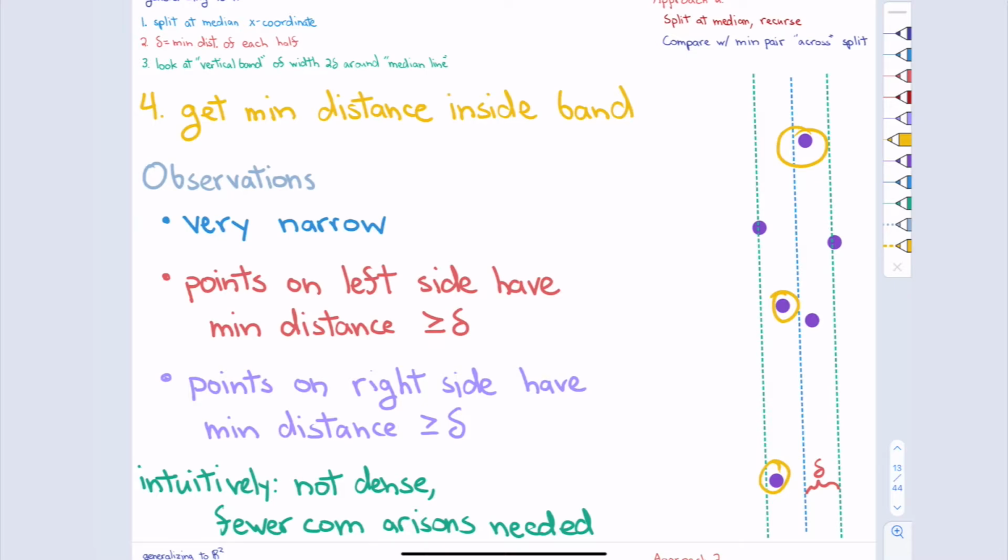And I sort of know that I only have to go delta up and delta down and check to see if there's other points in this box. Okay. Any point outside that box is going to be really far from that point that we're currently interested in. But the intuition is that box can only have a limited number of points because it's sort of spread out.